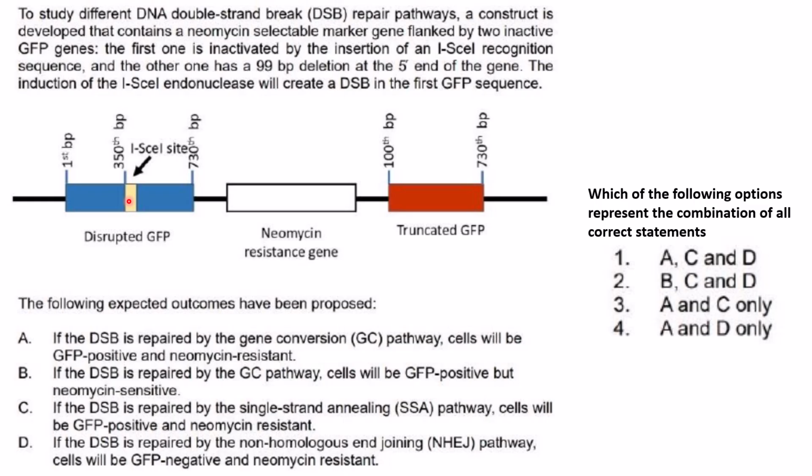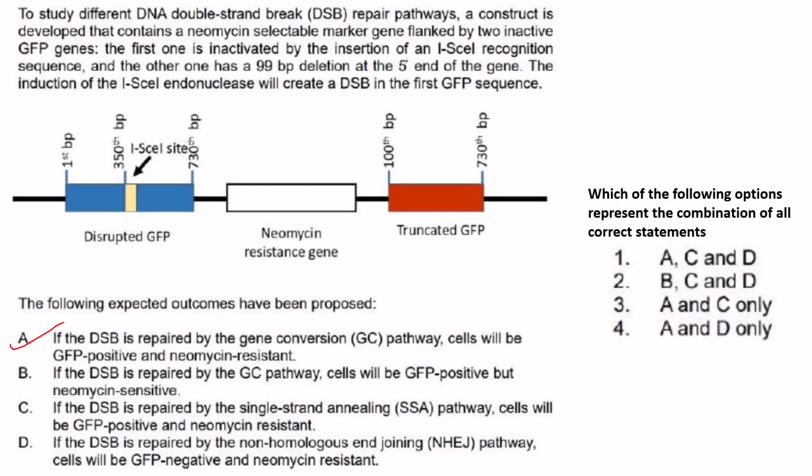So the repair is perfect, and it will result in the repair of this disrupted GFP, and the GFP will start to function properly. So it will be GFP positive, and the neomycin resistance gene is not harmed as a result of this repair, so it will be neomycin resistant also. So A is correct.